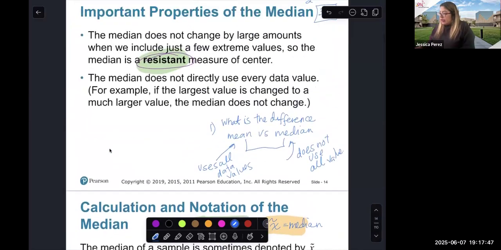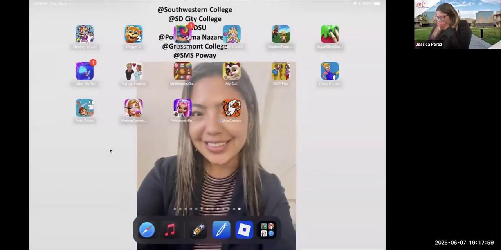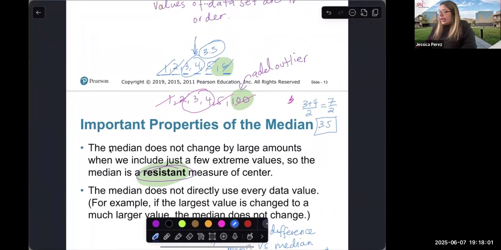That's what we did over here when we were looking at the example from 1 through 6. 1, 2, 3, 4, 5, 6 is an even number of values, so we had to add 3 plus 4 and divide by 2 to give us the median, which was 3.5.